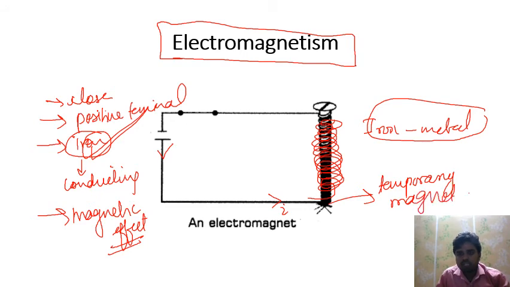This complete process of making a metal a magnet is known as electromagnetism.